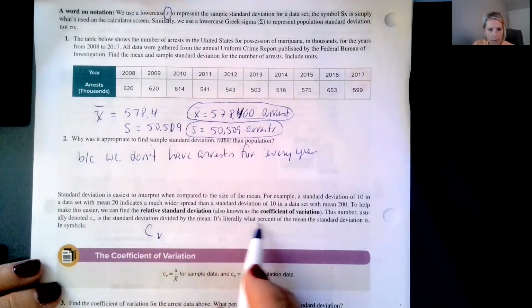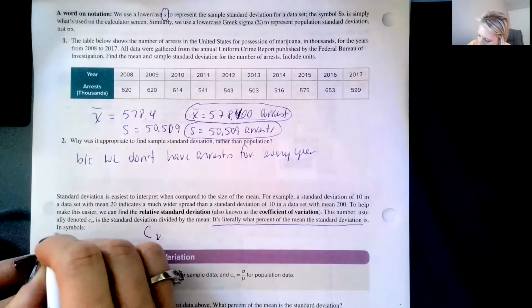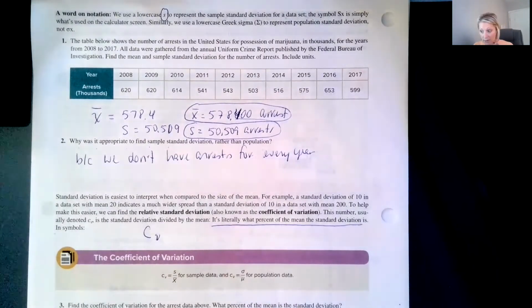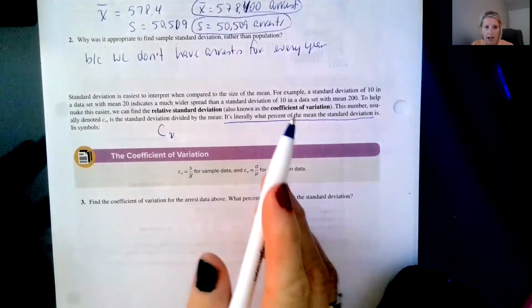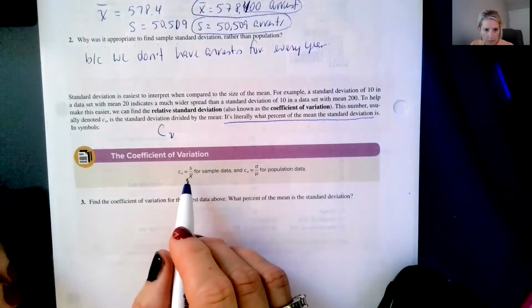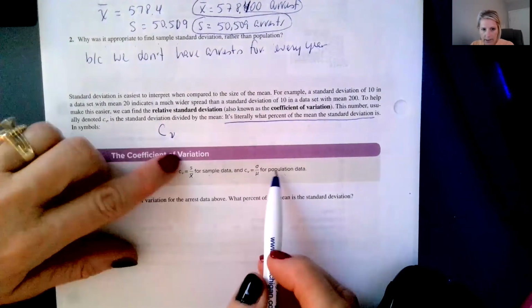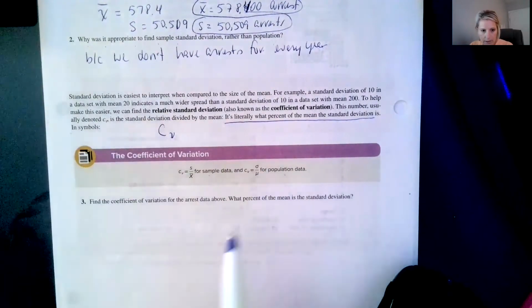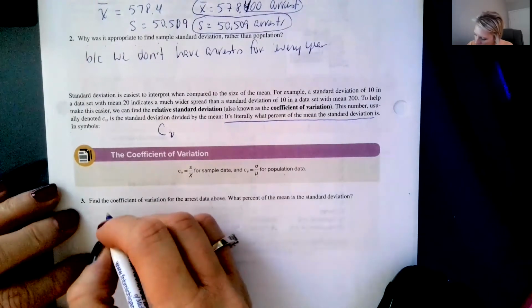It's literally what percent of the mean the standard deviation is. And so you want it to be very small. A large CV means there's a high standard deviation. You calculate it the same way whether it's for sample or population, taking the standard deviation and dividing by the mean. Find the coefficient of variation for the arrest data above.